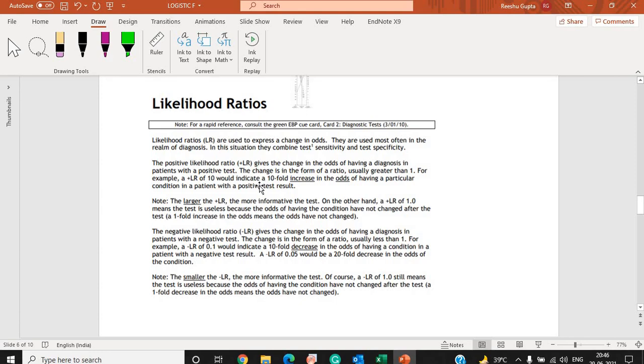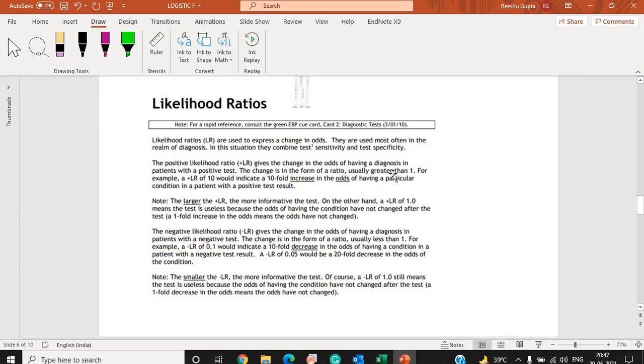If, let's say, the LR is positive 10, then there is a tenfold increase in the odds of having a particular condition for a patient with a positive test result.